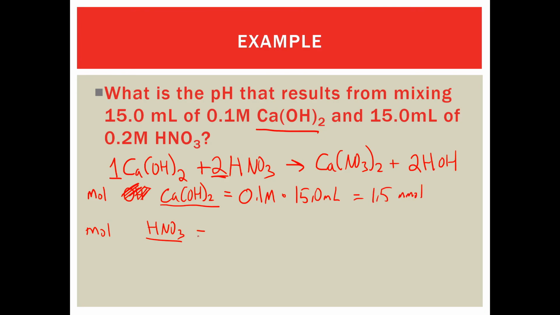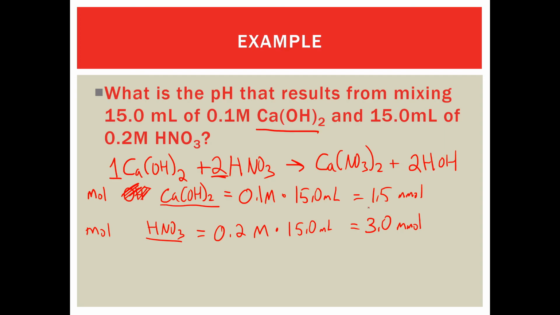The nitric acid, we have a concentration of 0.2 molar. We still have the same 15 milliliters. So in this case, we have slightly more. We have 3.0 millimoles of nitric acid. So in this situation, we need twice as much nitric acid to neutralize the calcium hydroxide.